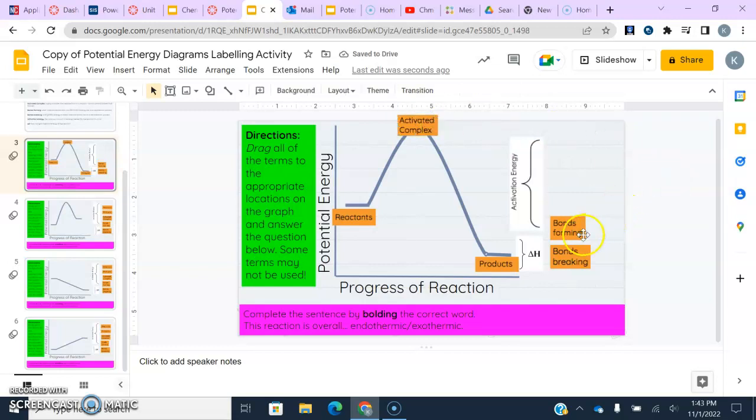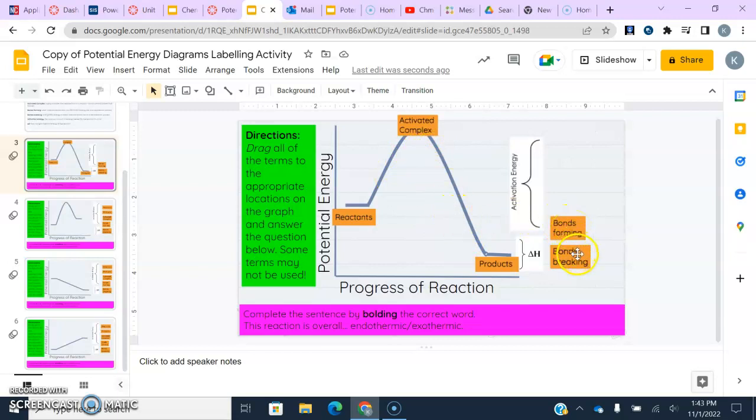Now we have to determine where the bonds are forming and the bonds breaking. Well, remember, when we're breaking bonds, it takes energy, right? So the energy of the reaction is going to be increasing when our bonds are breaking, and decreasing when our bonds are forming, because it takes energy to break a bond, and then energy is released when bonds are formed.